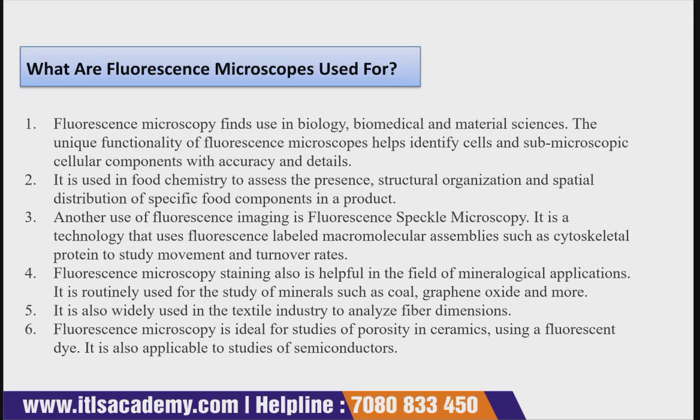The unique functionality of the fluorescence microscope is that it helps to identify cells and microscopic cellular components with accuracy and detail. It is used in food chemistry to assess the presence, structural organization, and spatial distribution of specific food components in the product.